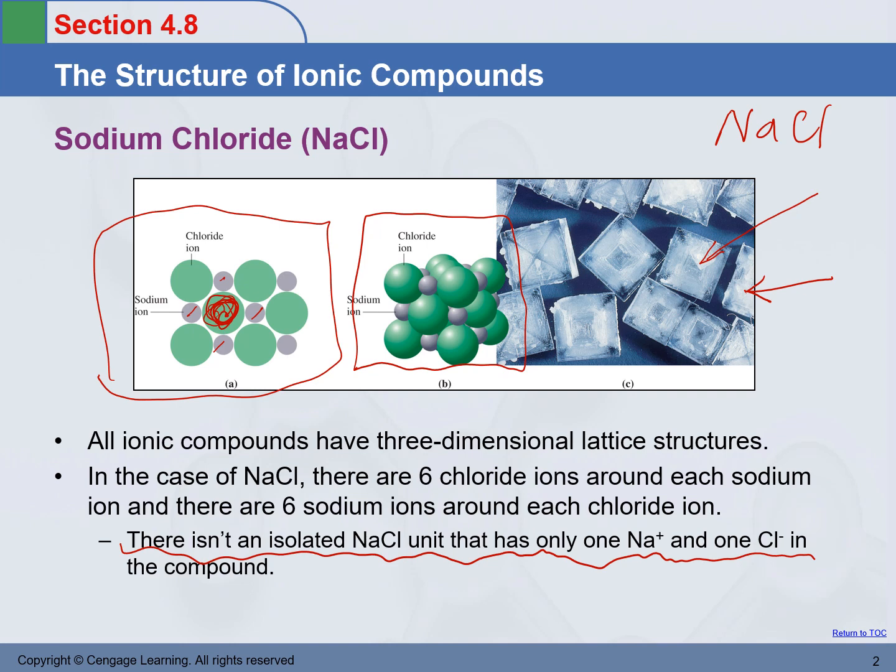When a few atoms combine together and form another individual unit that acts as one particle, that kind of unit is called a molecule. Molecules will be the topic for the next chapter, but here I mention it because I want to remind everyone, looking at the three-dimensional structure, that ionic compounds do not have molecules.